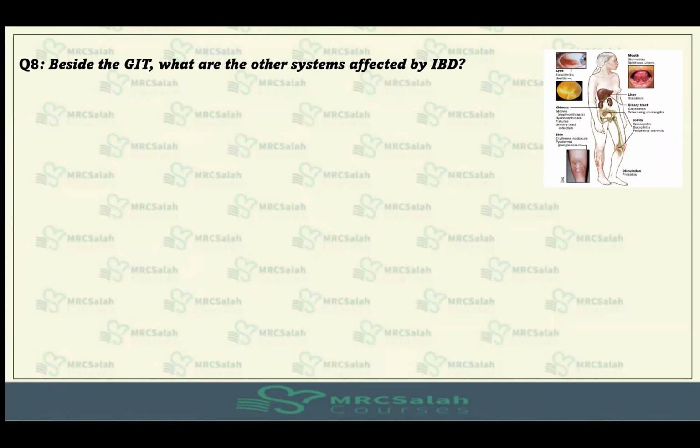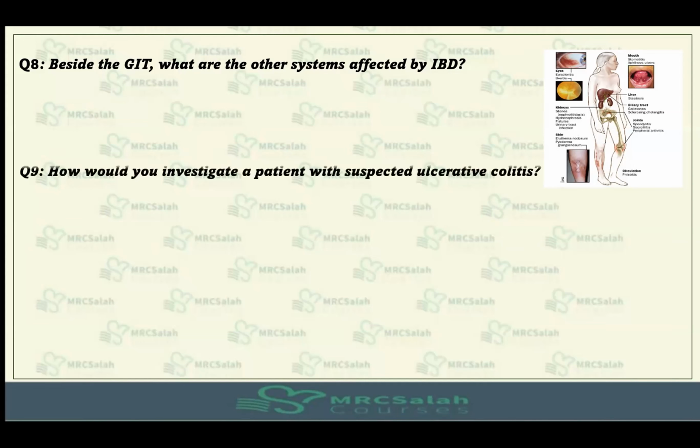In the eyes... And also, I'm sorry, sclerosing cholangitis, very important. Okay, continue. The eye can have conjunctivitis and episcleritis, and the patient generally can develop clubbing, DVT, pulmonary embolism, and erythema nodosum. Yes, and the skin manifestations, very important. Pyoderma gangrenosum. Okay, thank you.